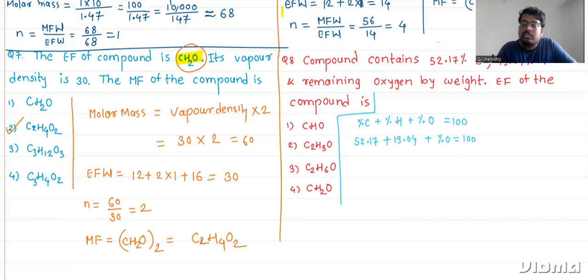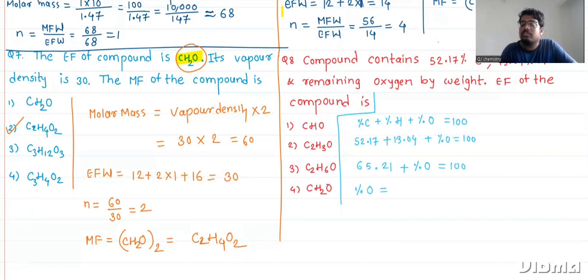Okay, so this is equal to 65.21%, plus percentage of oxygen is equal to 100. So what is the percentage of oxygen?